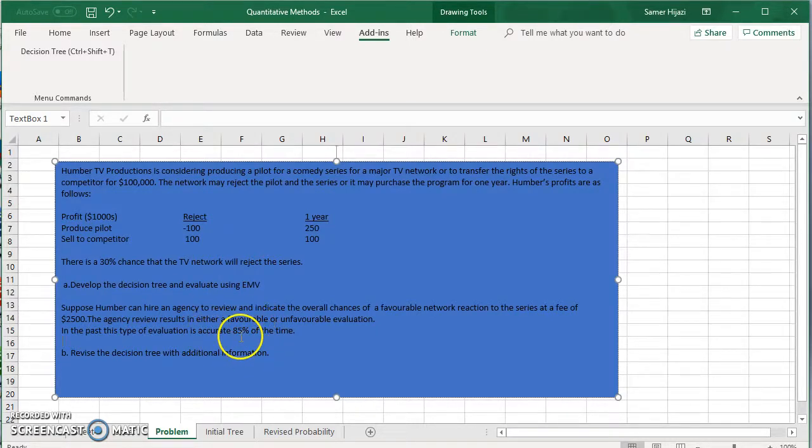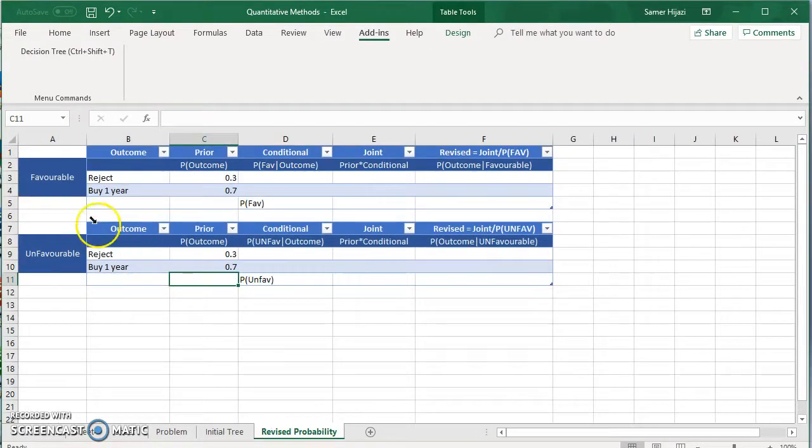What does it mean, accurate 85% of the time? It means that for accuracy, if the outcome of the survey is favorable, favorable means the outcome should be in our favor, which means the network will buy the series. This is what accurate means. So probability of favorable, given that we buy it, is going to be 85%. Same idea, accurate means what?